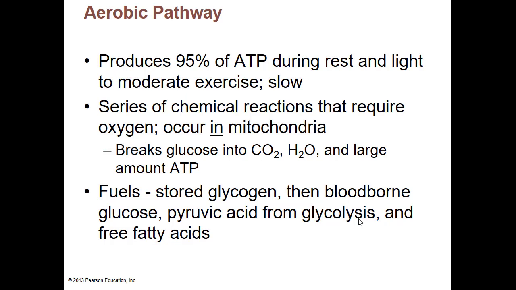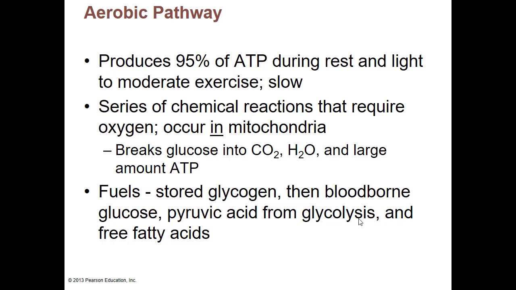Now, fuels. Yes, it can use glucose to break it down to pyruvic acid and take pyruvic acid to make lots of ATP. But at some point, some of that glucose can run out. We can also make ATP by breaking down glycogen. We can also make ATP by breaking down that pyruvic acid.